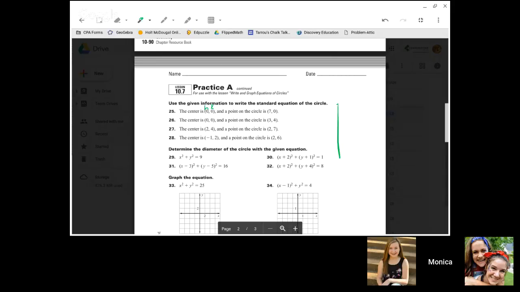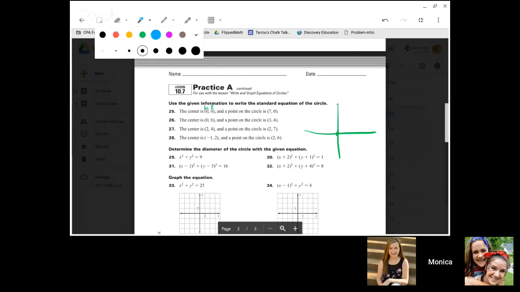So if you kind of picture that, your center is at 0, 0 here. Let me change colors. Your center is at 0, 0 here. And if a point on the circle is at 7, 0, then you go over and plot that point. Okay, 7, 0 is going to go over 7, but not up any, right?